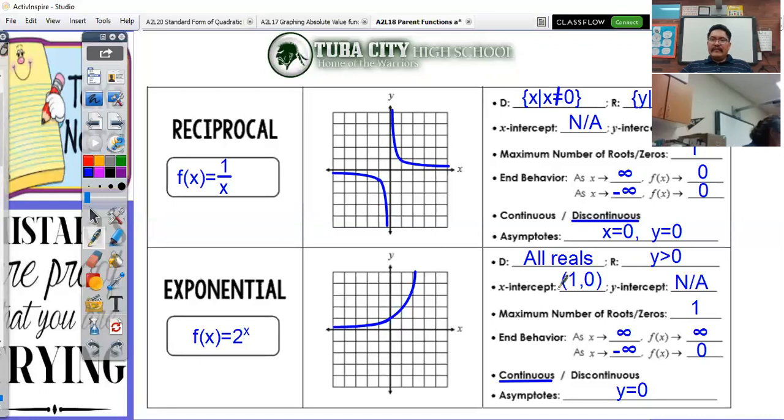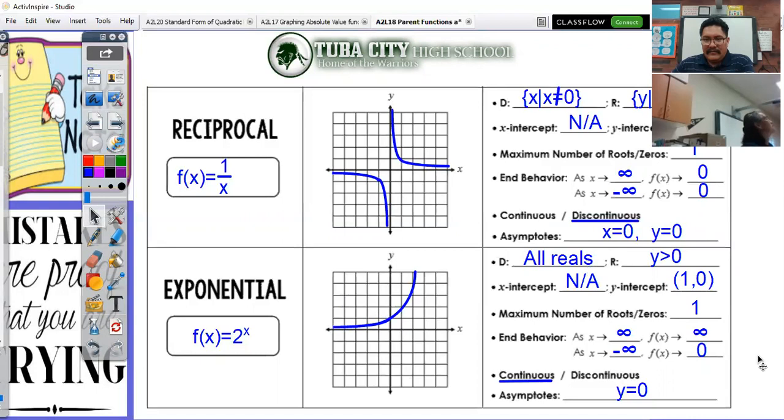Now this one has a different x-intercept. It crosses at 1, 0, which is right there. Or, I think I got this one backwards actually. I'm pretty sure it's supposed to not touch the x-axis, but does touch the y-axis.